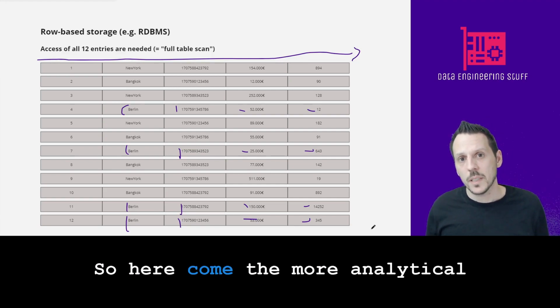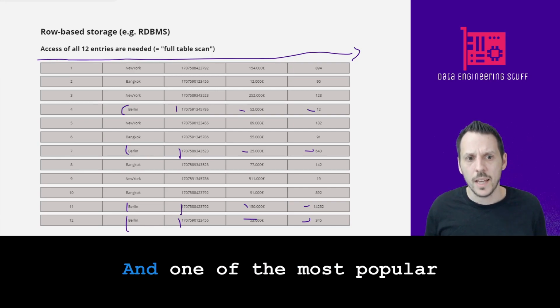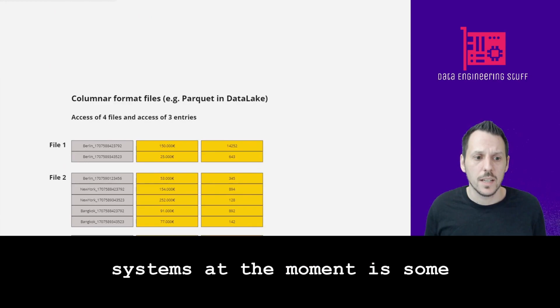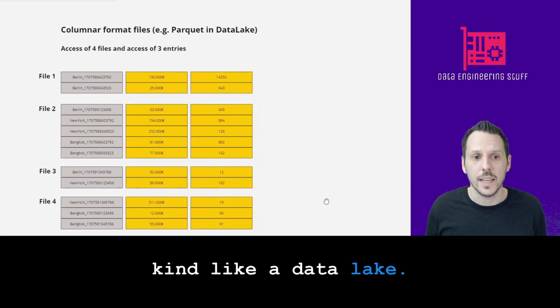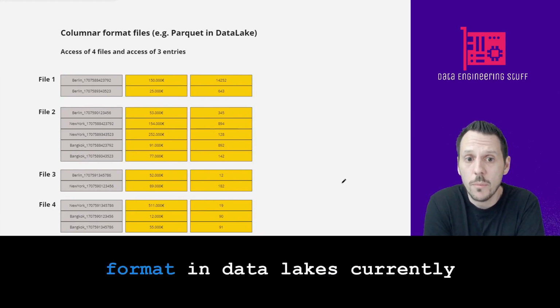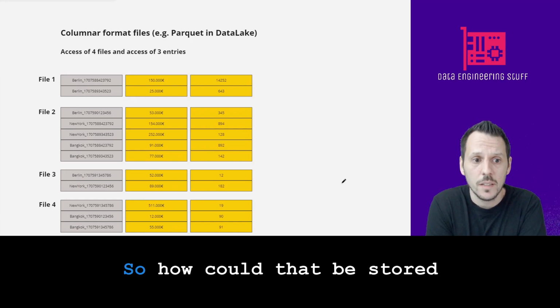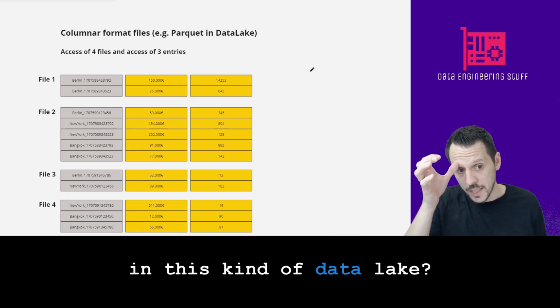So here the more analytical systems come in, and one of the most popular systems at the moment is some kind of data lake. And I think the most popular format in data lakes currently is the Parquet format. So how could that be stored in this kind of data lake?